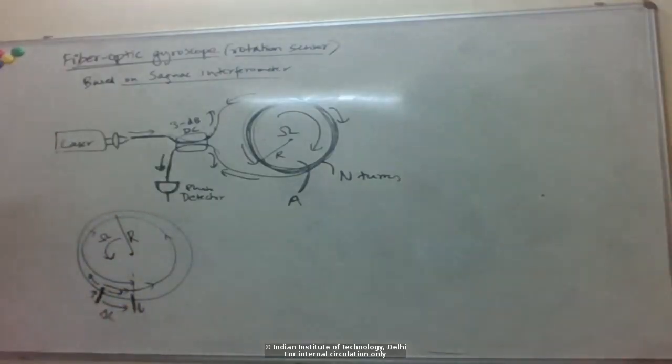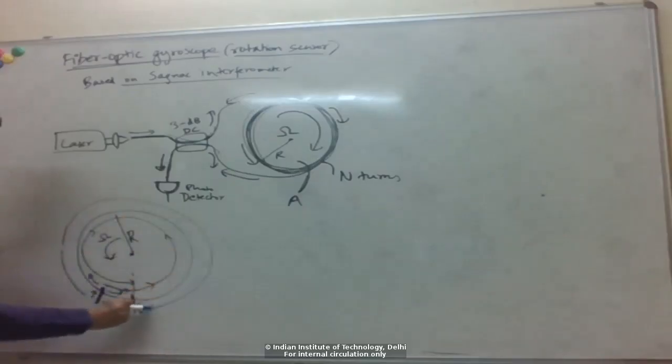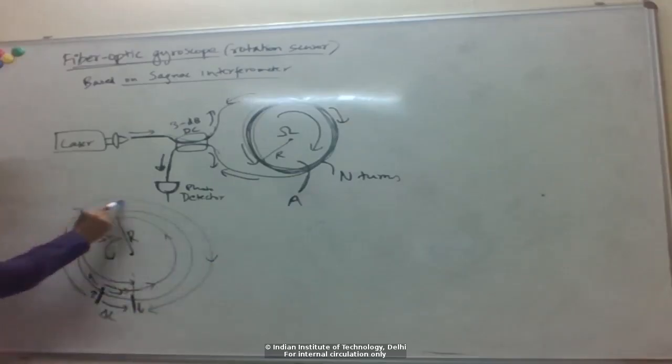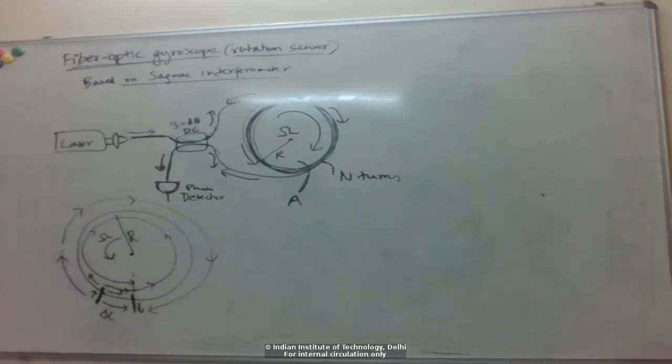Whereas if you look at the anti-clockwise path, that starts from here, and then only goes till here. So it needs to travel a shorter distance than the circumference.